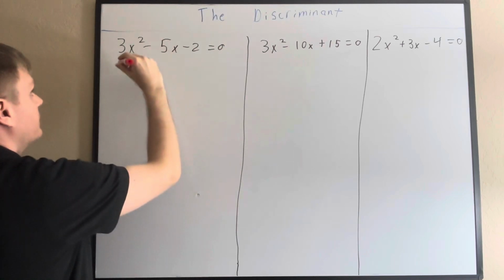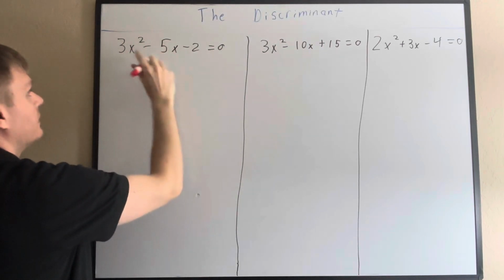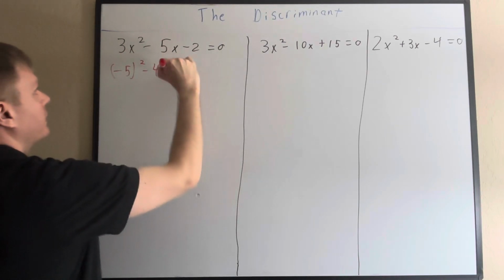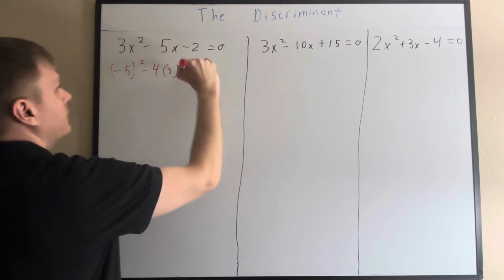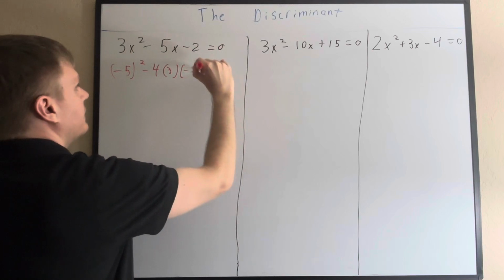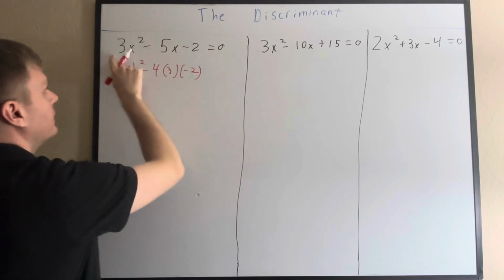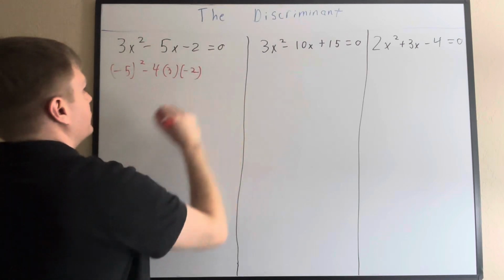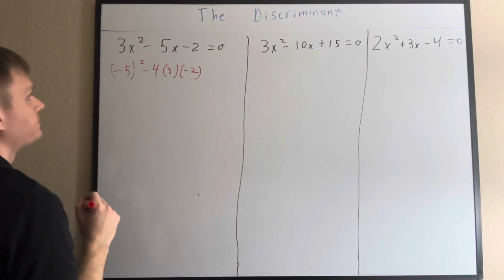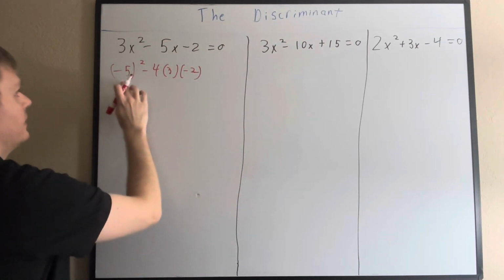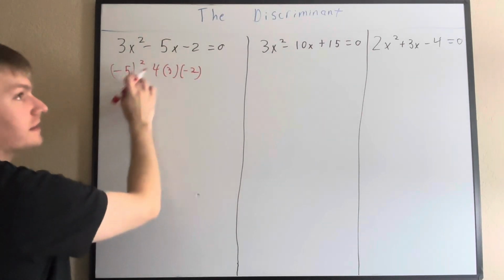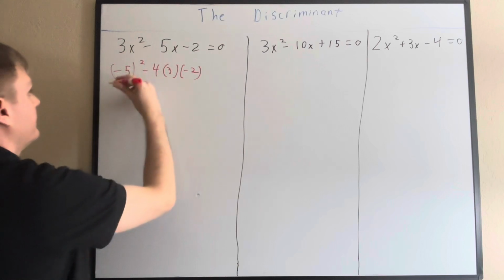b squared minus 4ac. Don't forget the negatives. If a or c are negative, then it changes things here. But b is always going to get squared, so it's always going to become positive anyway, even though it starts off negative.